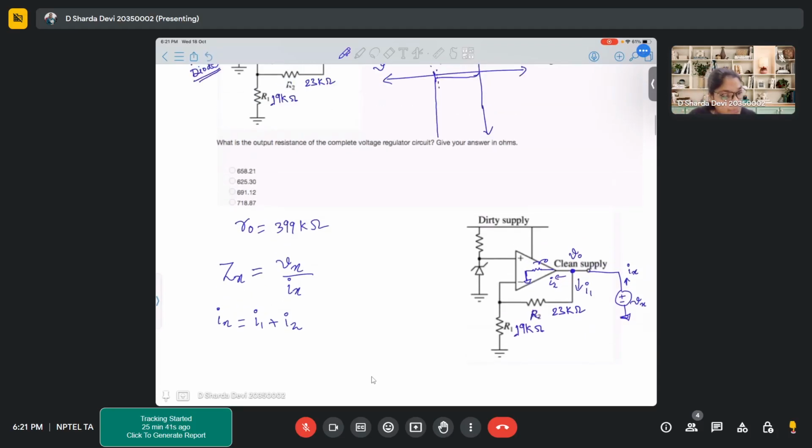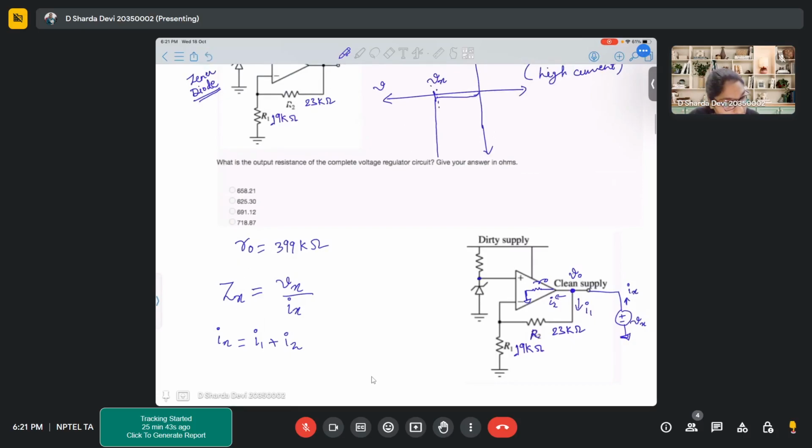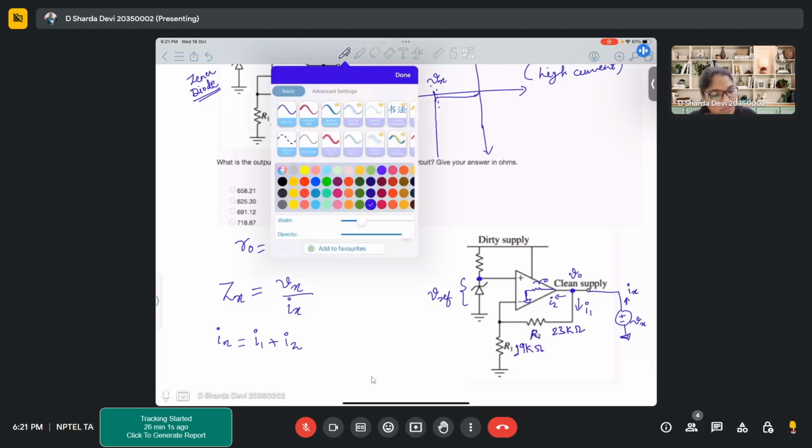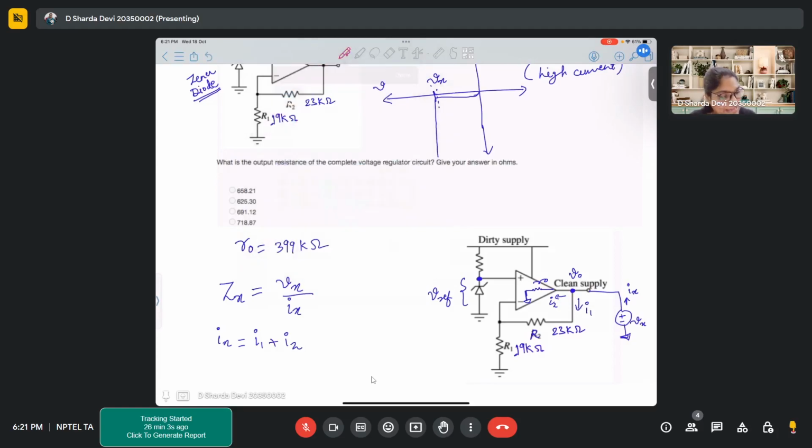Now, we know that this particular Zener diode will give a fixed voltage. Let's call it a reference voltage, Vref. So if at this node it is Vref, then the output at this particular node will be how much? It will be gain times Vref, right?